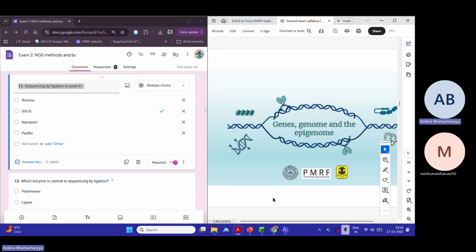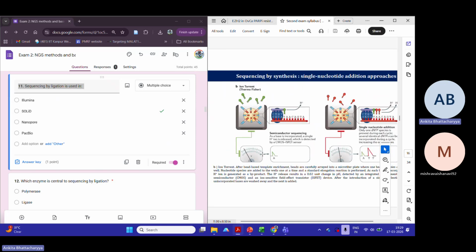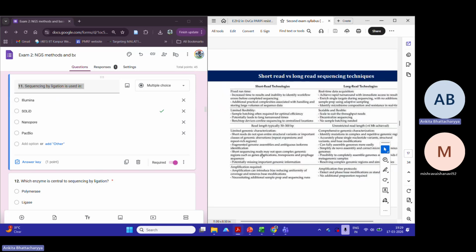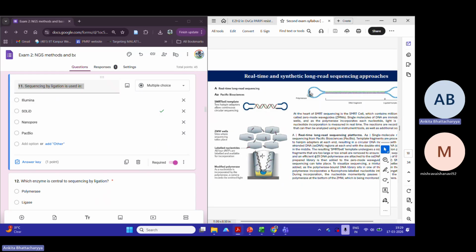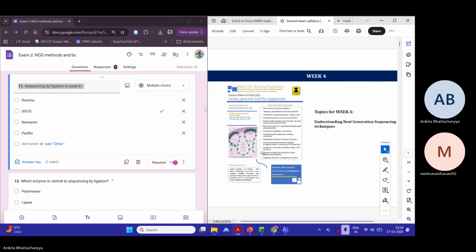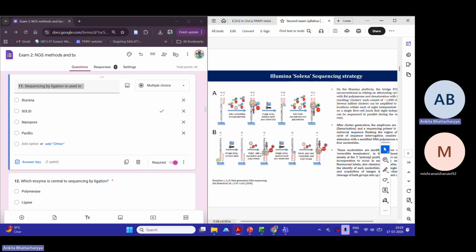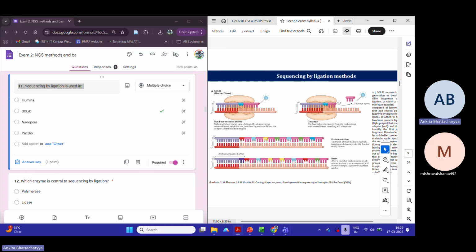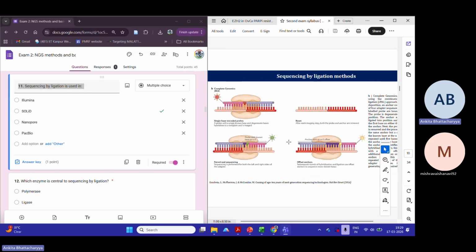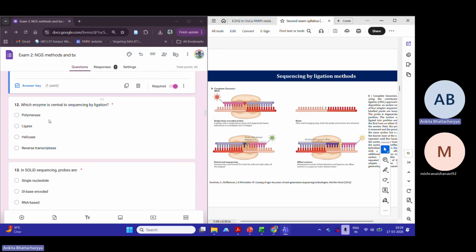If you go here, this is where we have sequencing by ligation. Illumina doesn't use this. We have it on the SOLiD platform and we have it on Complete Genomics BGI. So the correct answer is SOLiD sequencing.